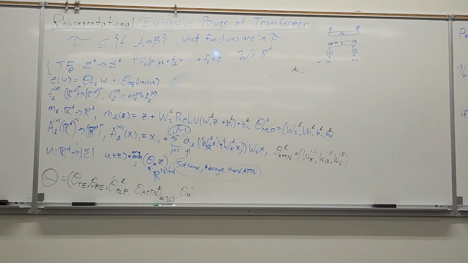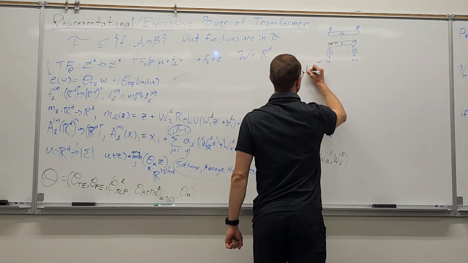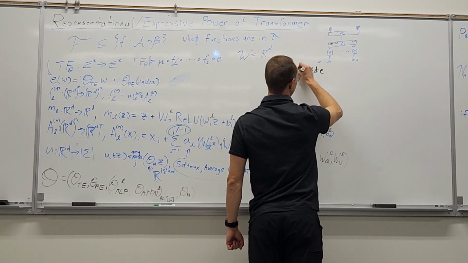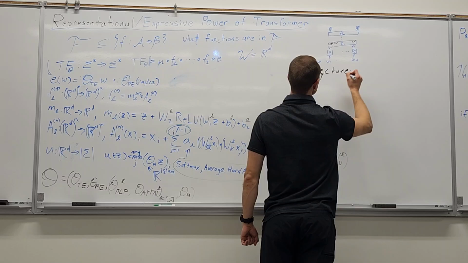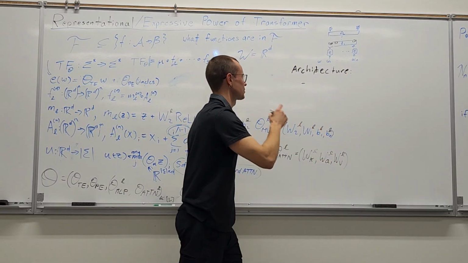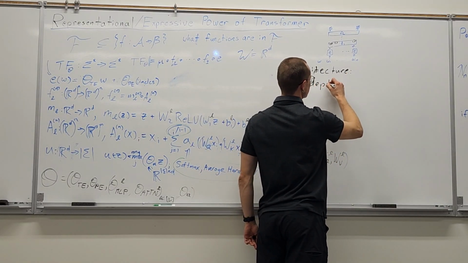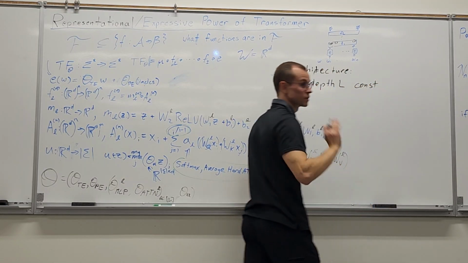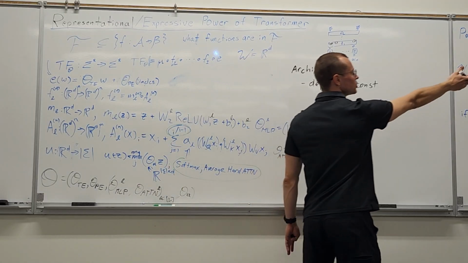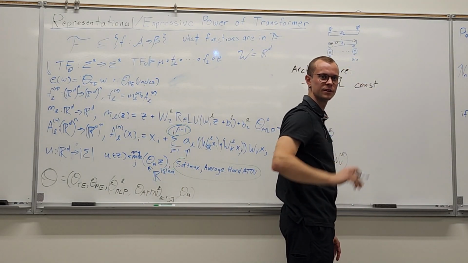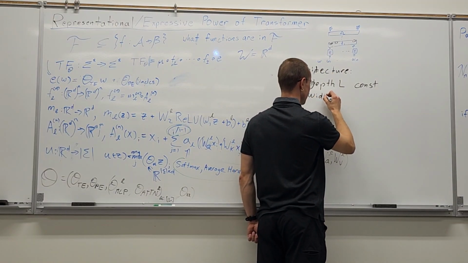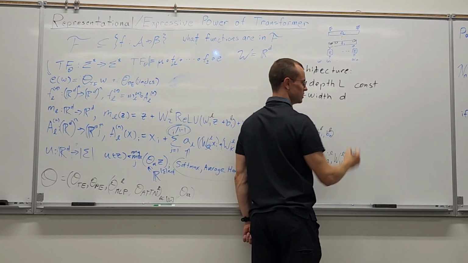Some of the important ones: there's the depth of the transformer, the depth L. We're going to treat that as a constant that you fix beforehand, similar to the neural network where we fixed exactly one hidden layer. We may vary it near the end. Then you can vary what we'll call the width, or sometimes the embedding size, and that's the dimension D.